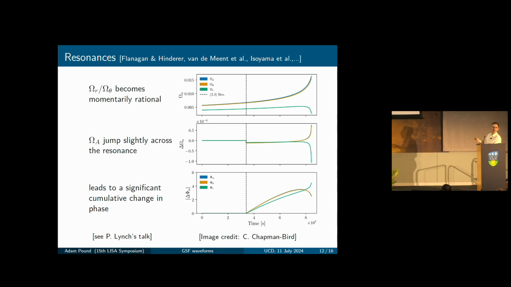That should be implemented soon based on the 5.5 PN model I mentioned. But this shows you the qualitative behavior. So you get a little tiny jump in the frequency across the resonance, but that little change in the frequency leads to a long-term change in the phase. So here we are plotting the change in each of the three phases of motion.